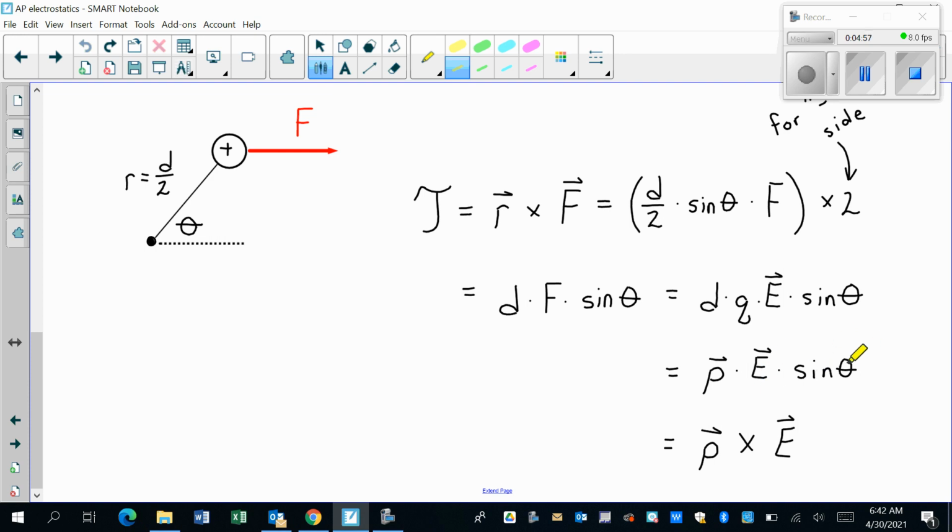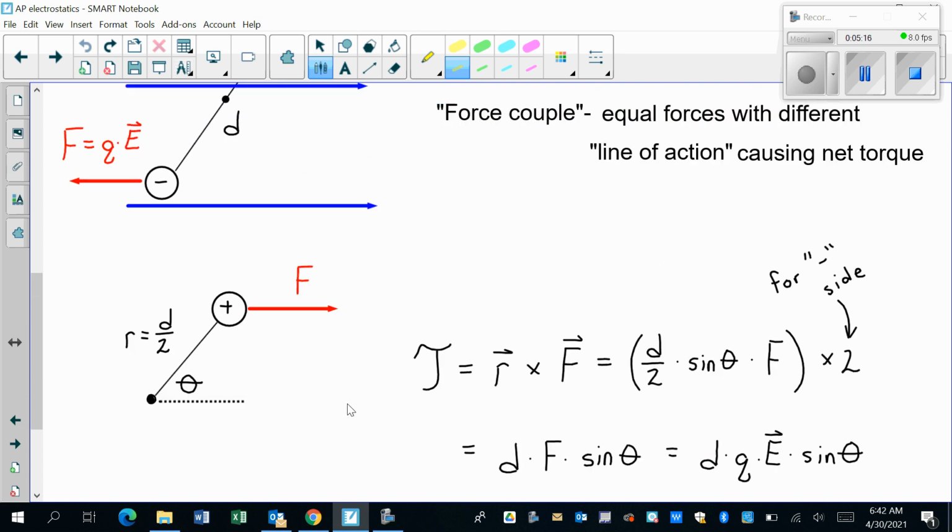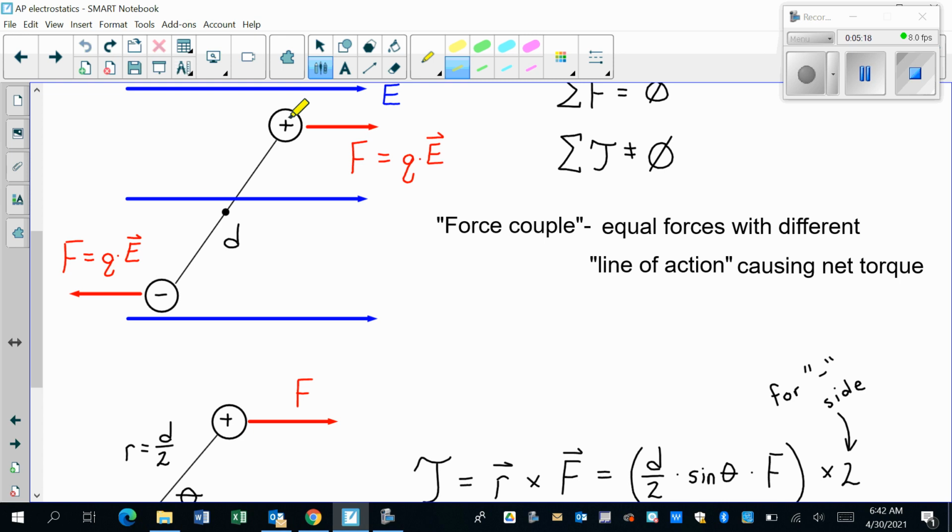Sine is a cross product, so I can come down here, P crossed E is going to give us the torque on our dipole. Cross product means that we need perpendicular components. If P points from one charge to the other, and E is the field, if I scroll up, I most certainly want this to have some kind of a perpendicular component.